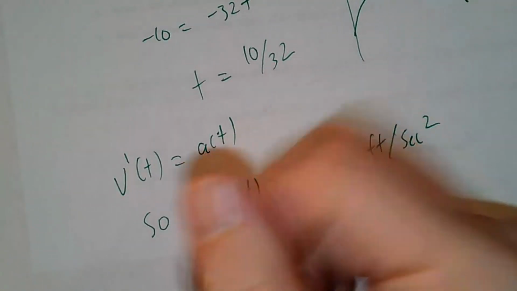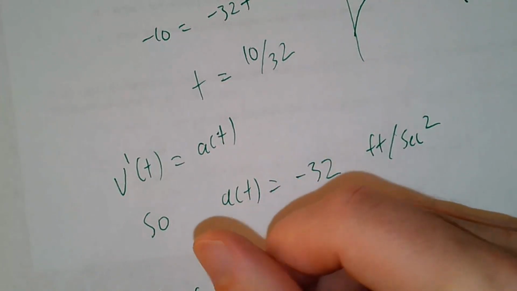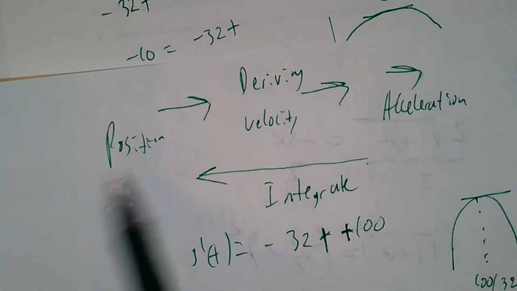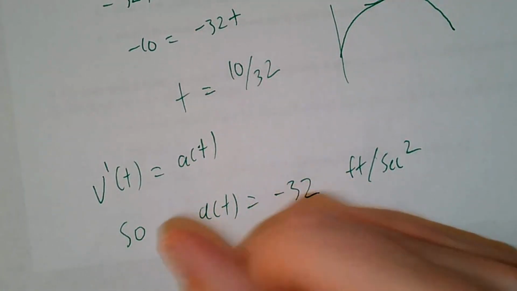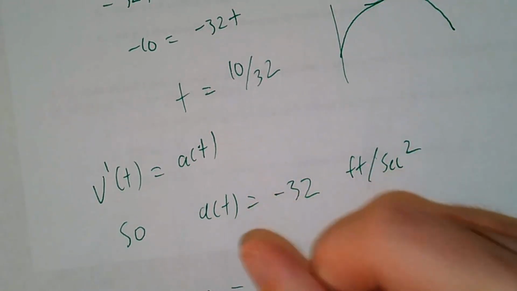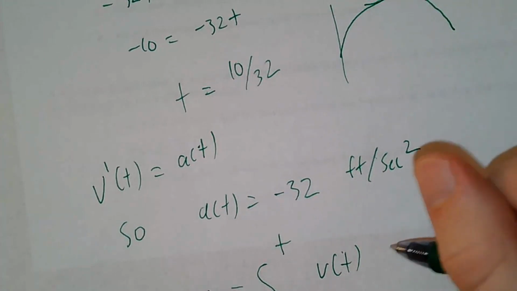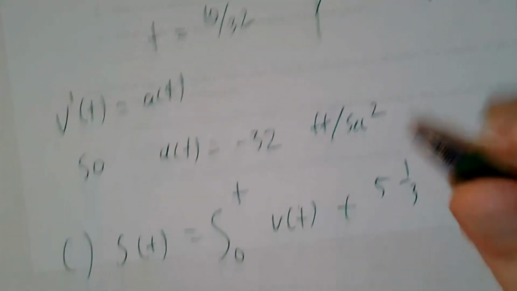So we have velocity. Look, we're going to position. We need the integral. So my S of t is going to be the integral from 0 to t of velocity, v of t, plus that starting position, 5 1/3.